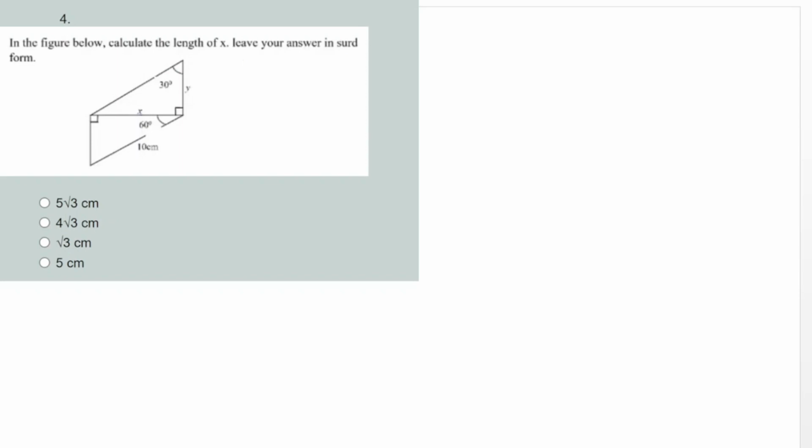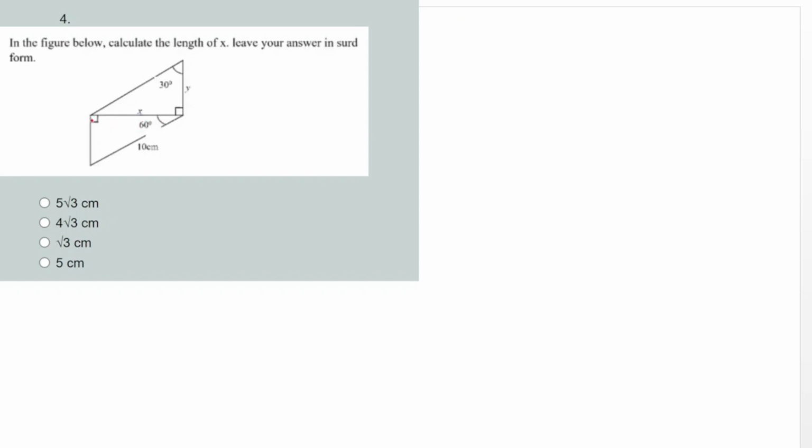So the length of x, if you look at this, the x here, the angle with x here is this.